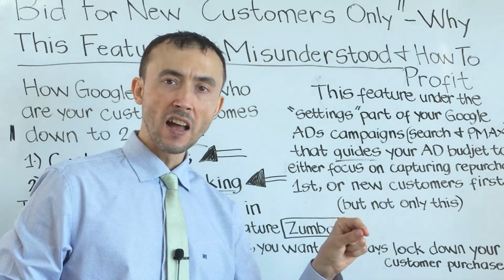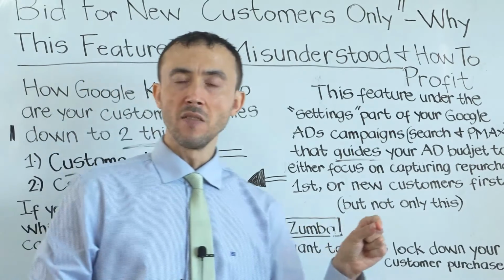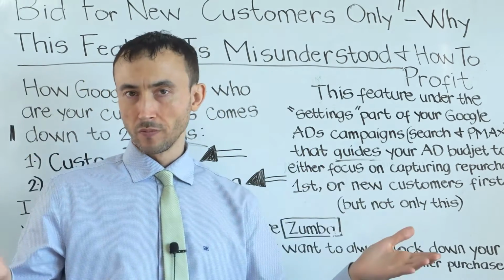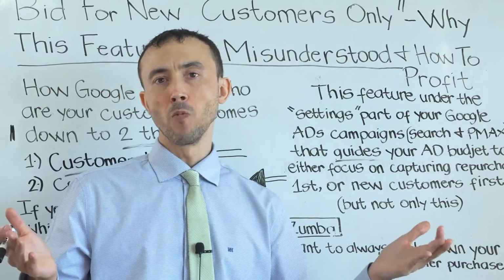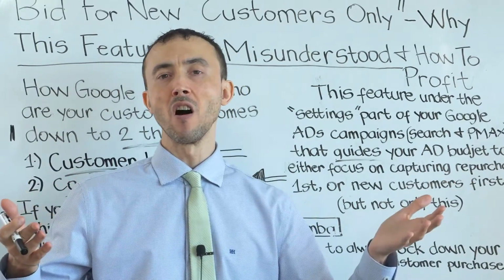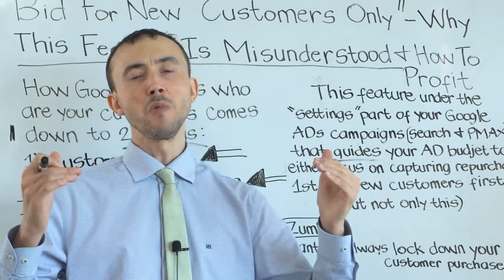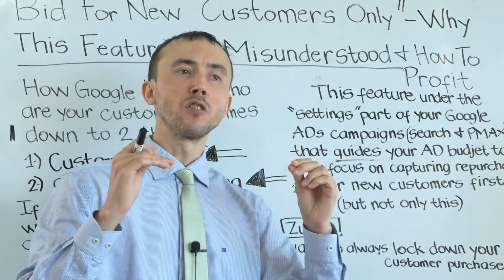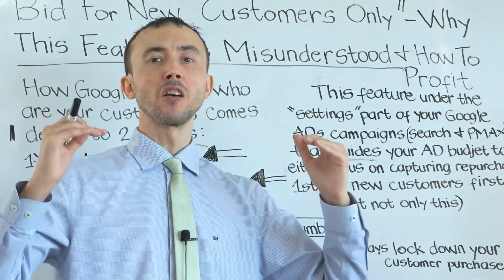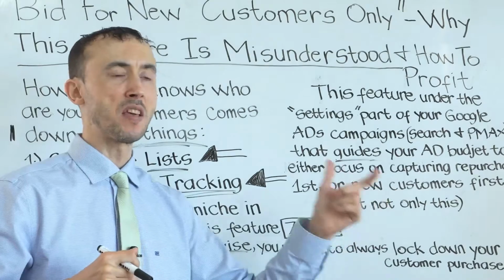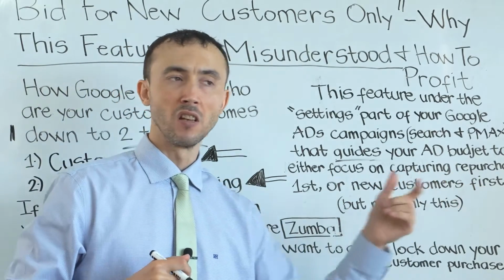And then with that, you can understand, naturally, what you should be able to pay for a customer overall. You should already be giving yourself more headroom to pay for a new customer than an existing customer. So on a keyword by keyword basis, you can see where I'm going with this.